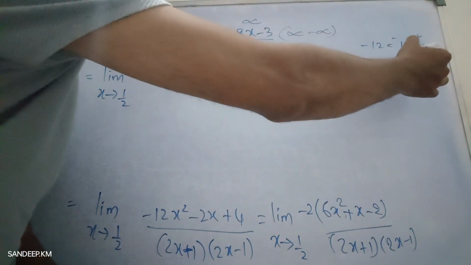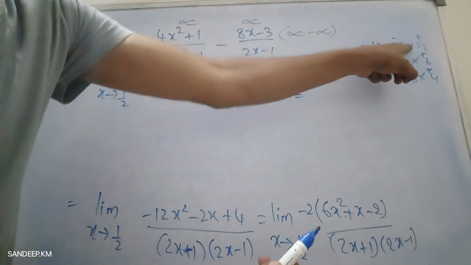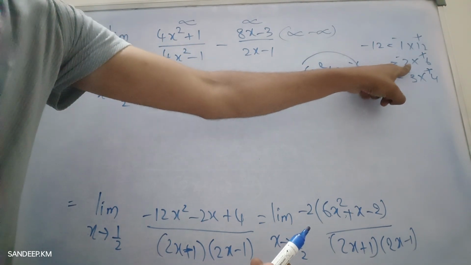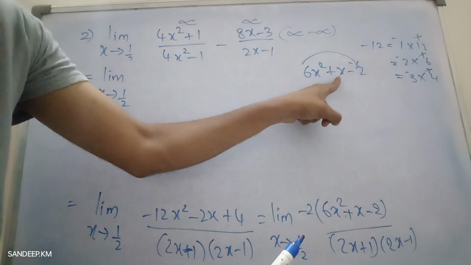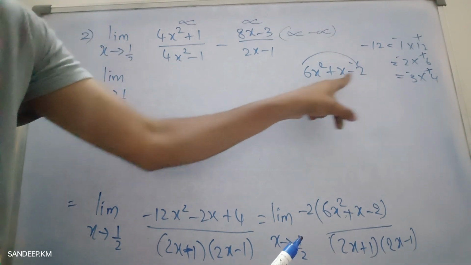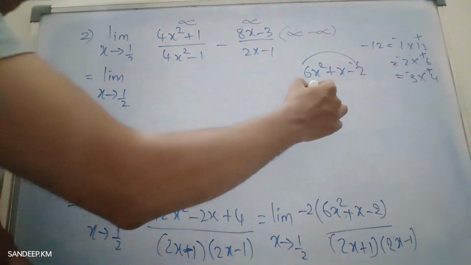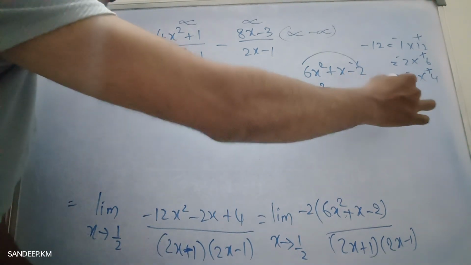So plus minus plus minus, and if you add, 12 minus 1 will be 11, 6 minus 2 will be 4, and 4 minus 3 will be 1. Look at the middle term, it is 1x. So how do we split the middle term? We will split 1x as minus 3x and plus 4x. So 6x square minus 3x and plus 4x minus 2.